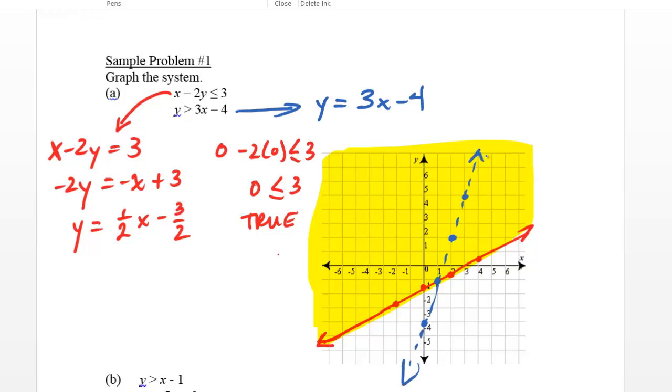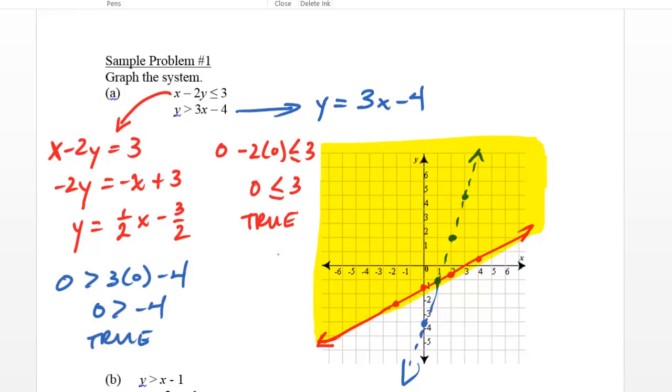Okay, then I'm going to test my point 0, 0 back in the original inequality again. So now you can see that we have a true statement. 0, 0 is part of the shaded region, so I'm now going to use a different color to graph that shaded region.